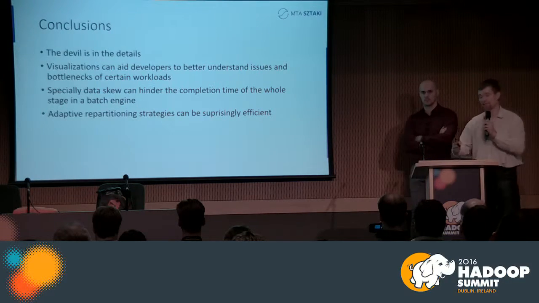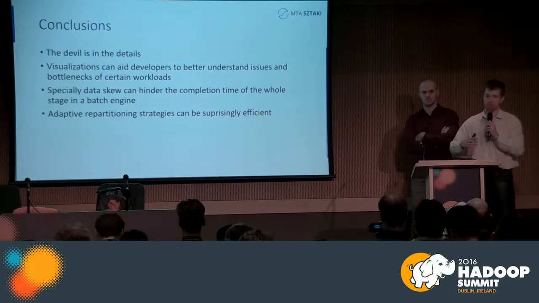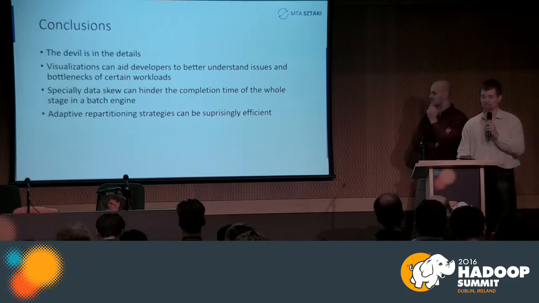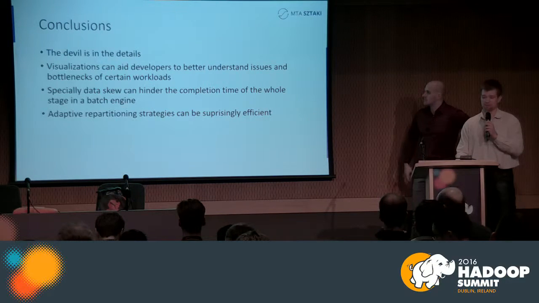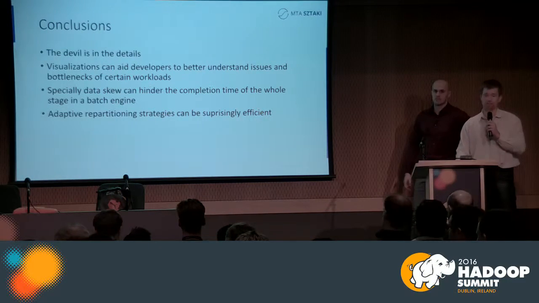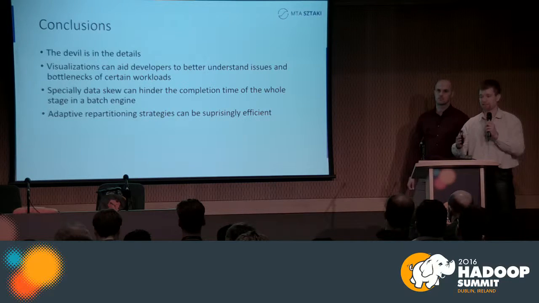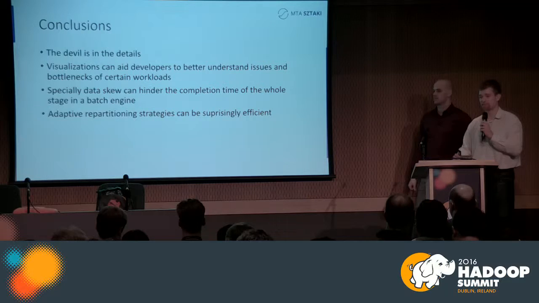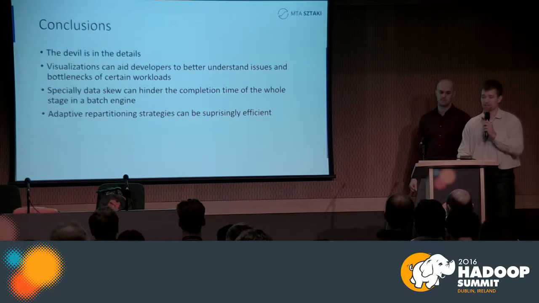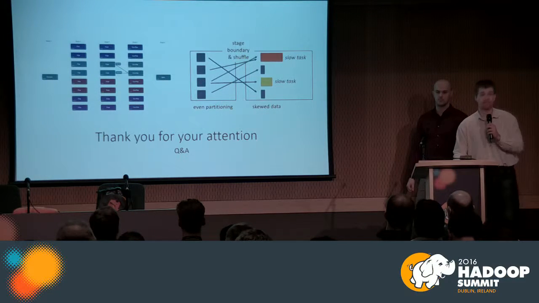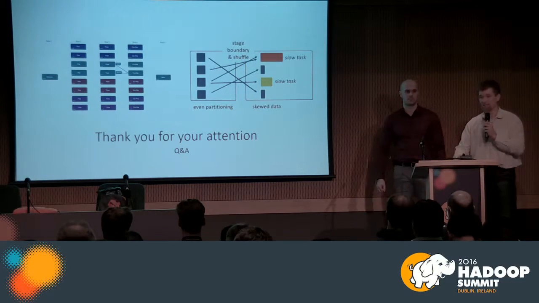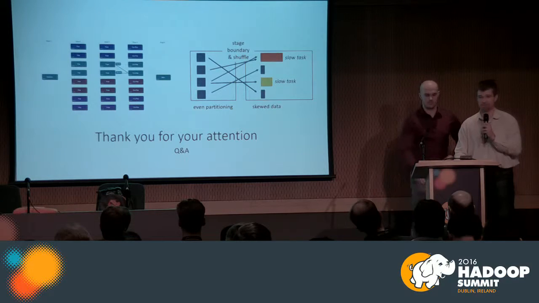And I think, or we think, that the community should maybe put a little more emphasis on building these tools. In the special case of data skew, we have managed to tackle the challenges and come up with a nice repartitioning strategy, which can be surprisingly efficient. So thank you very much for your attention, and we would love to receive some questions.